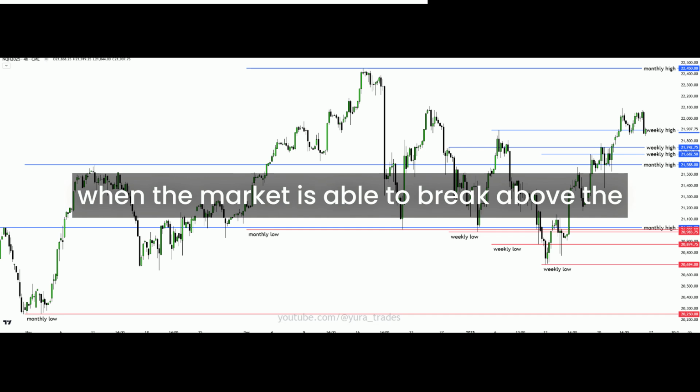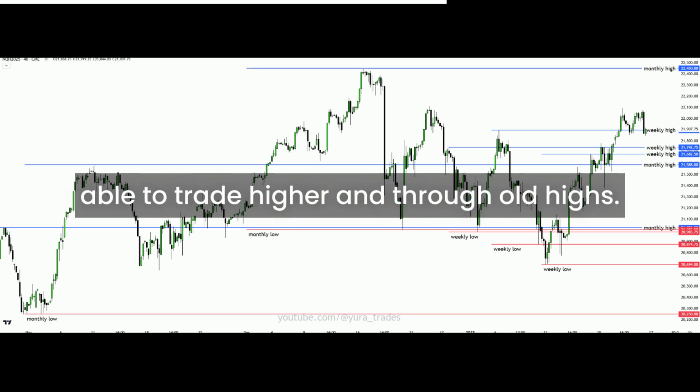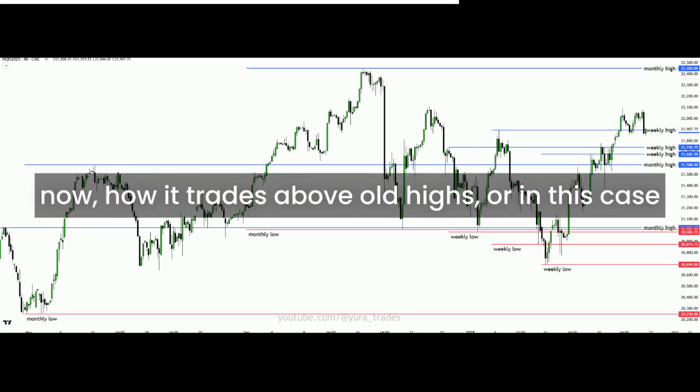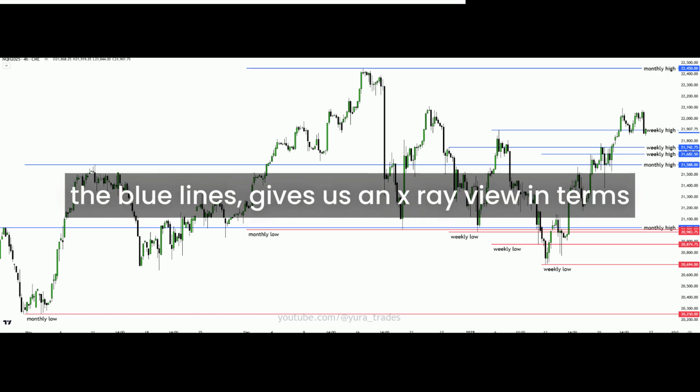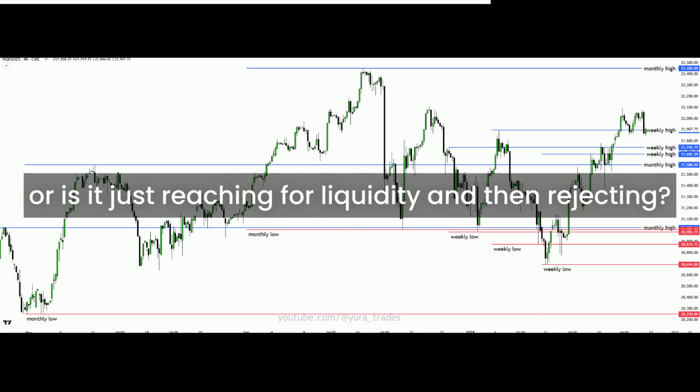When the market is able to break above the blue levels, that is indicating it's able to trade higher and through old highs. Now how it trades above old highs, or in this case the blue lines, gives us an x-ray view of the underlying pinnings of the market. Is it really bullish, or is it just reaching for liquidity and then rejecting?